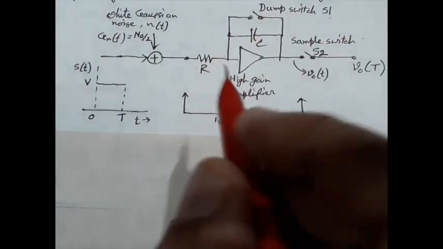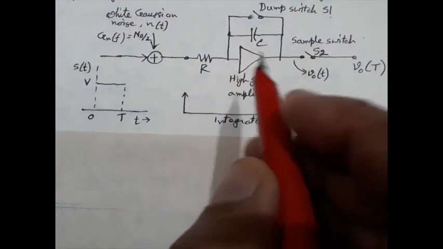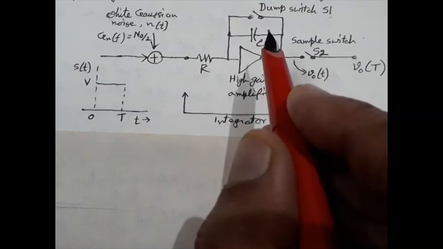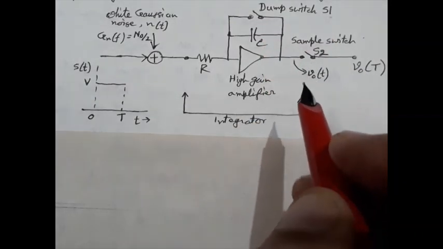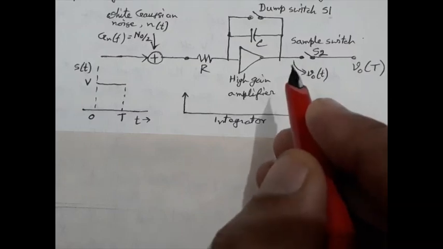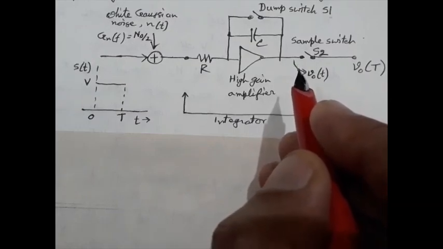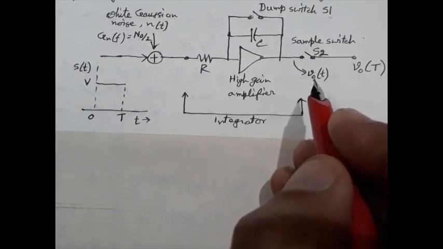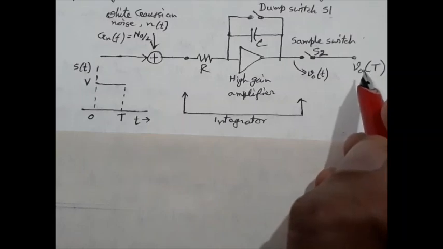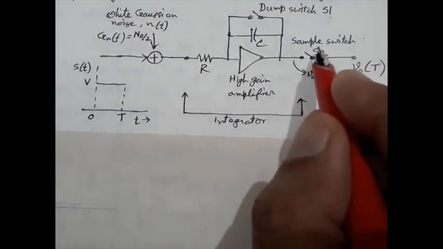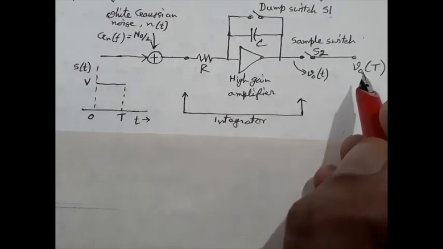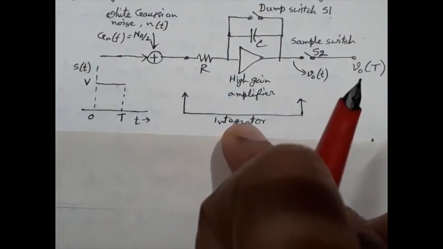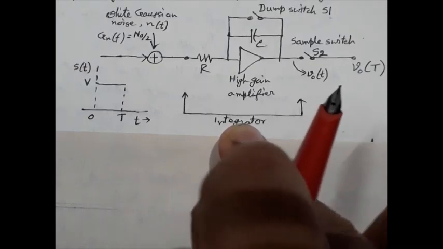Along with this basic integrator, we have two switches. One is the dump switch S1, another is the sample switch S2. Here the voltage is say V0 and the output is V0 at time T. Since we are taking the sample, we will get discrete samples here. So this is the basic circuit for the dump and integrate filter.